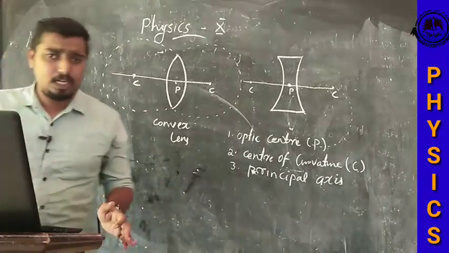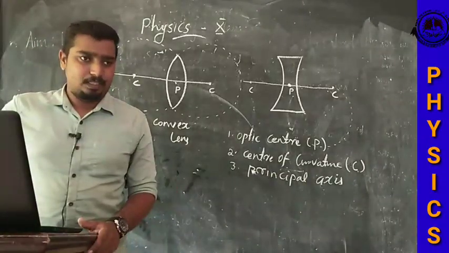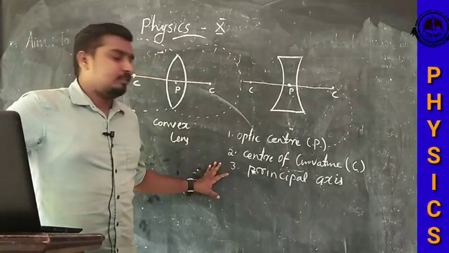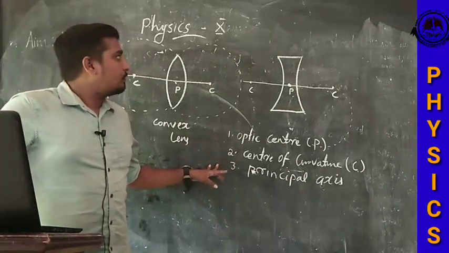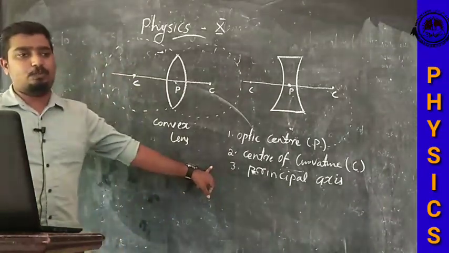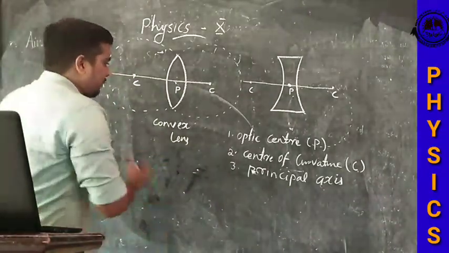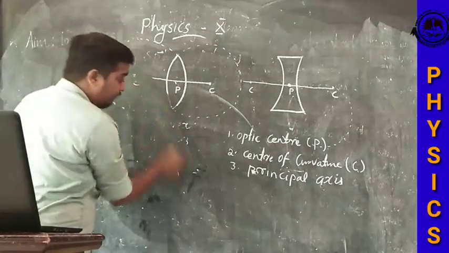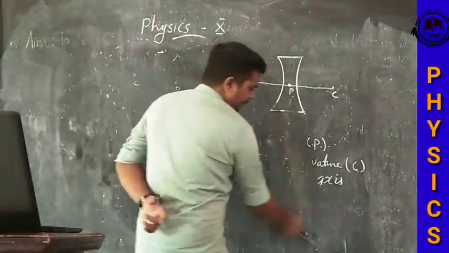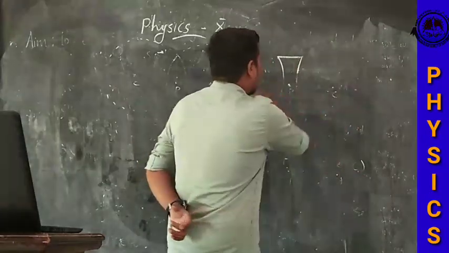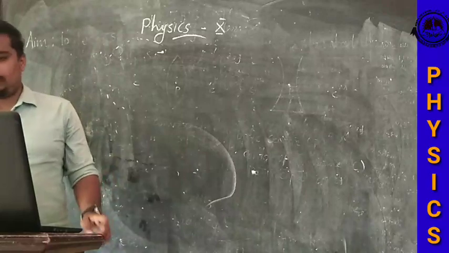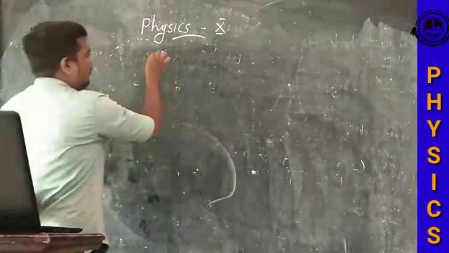These are the three important terms related to spherical lenses. Then next we are going to discuss another term related to this lens, that is principal focus. What is that? Principal focus.